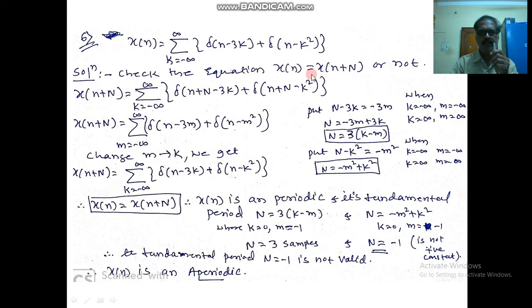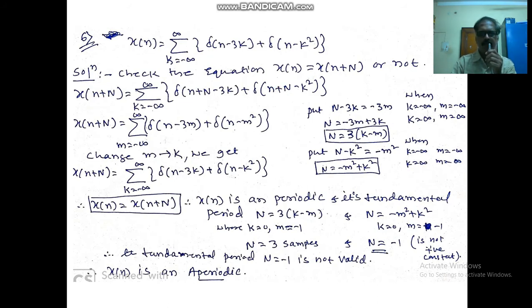If this equation is satisfied, then the given signal is said to be periodic, otherwise the given signal is an aperiodic signal. So let us calculate x of n plus capital N, just replacing small n by n plus capital N.